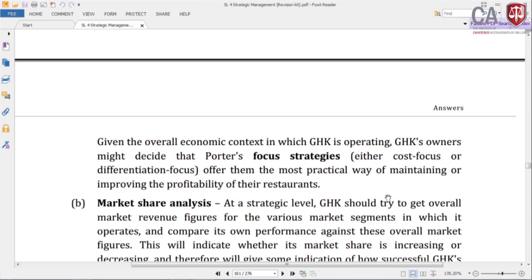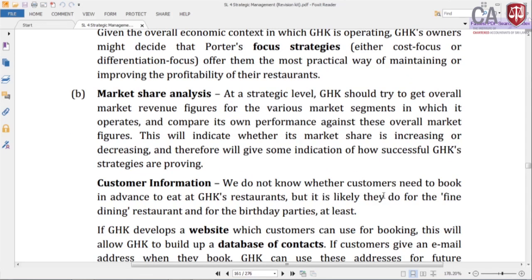Now, we look at part B of the question also.